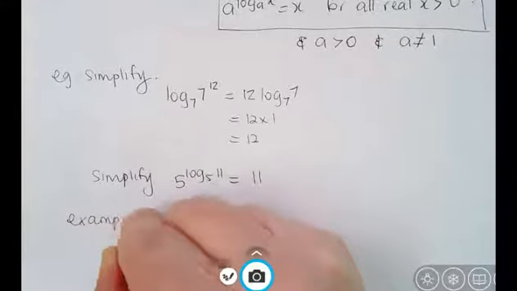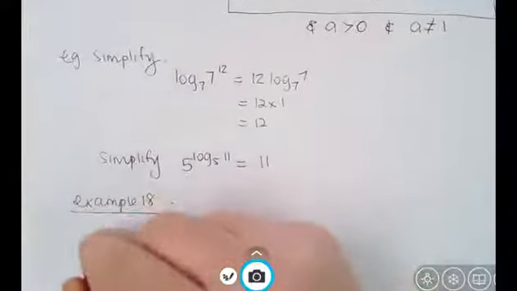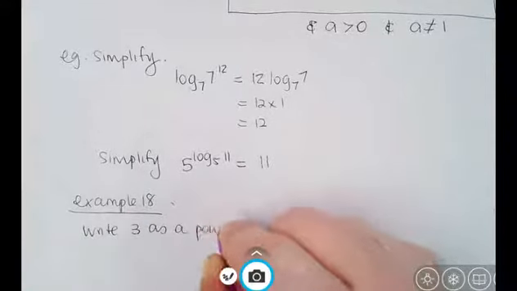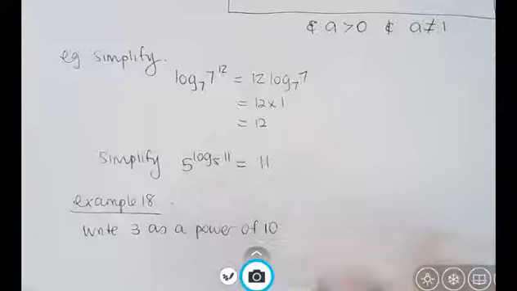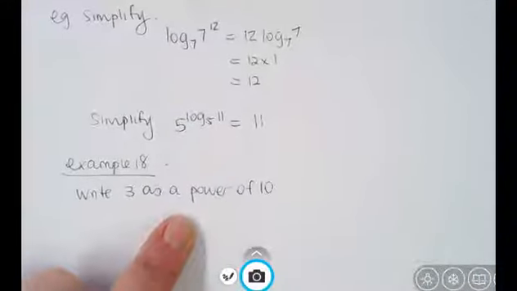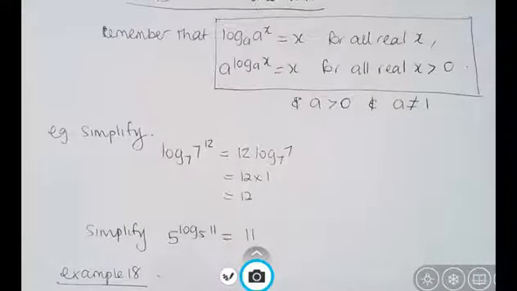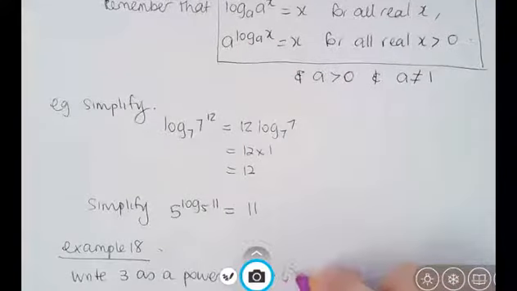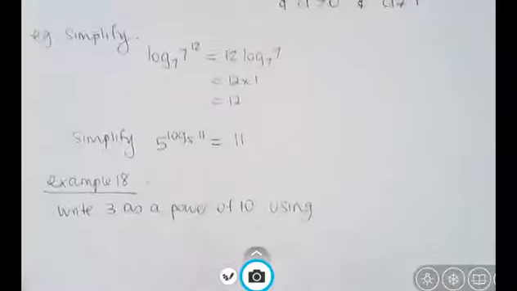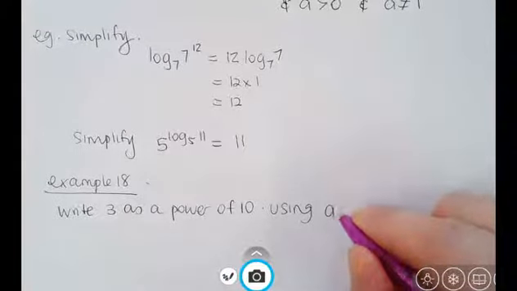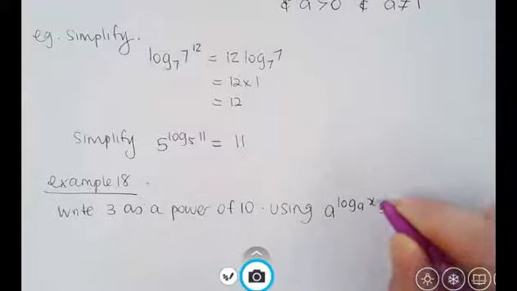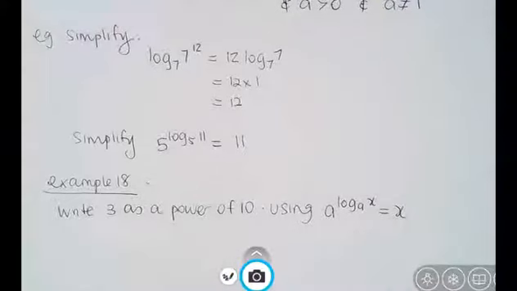Now, in some questions, you might be asked to write, for example, 3 as a power of 10. The way we do that, we use this second law here. So write 3 as a power of 10 using the fact that a to the power of log to the base a of x equals x.